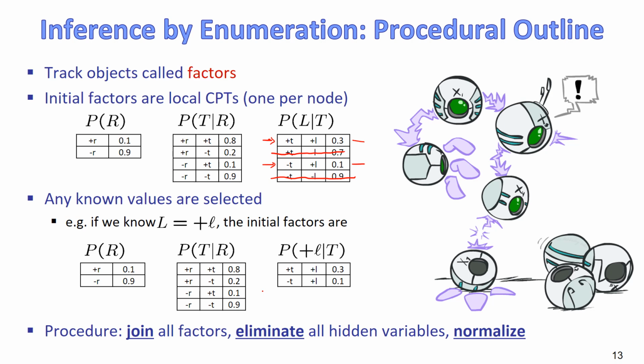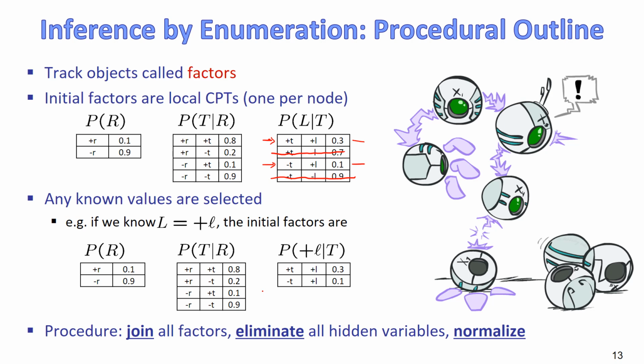So the idea of inference by enumeration is to join everything, join all the hidden variables, then eliminate them, and then eventually we will normalize. Okay, join all factors, we get the joint probability table for all variables, including the hidden variables, then eliminate the hidden variables, then normalize. Of course, the rest of the lecture will explain all of this, but this is the main idea.